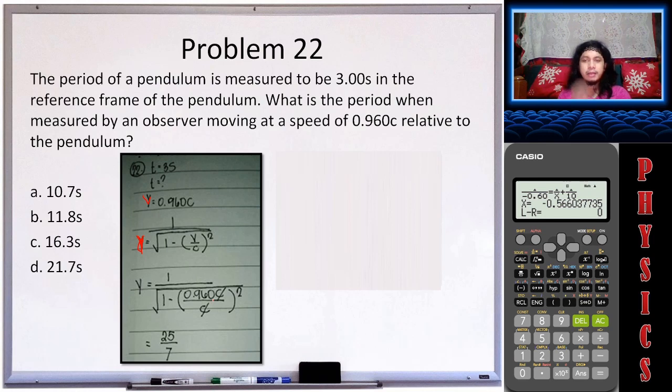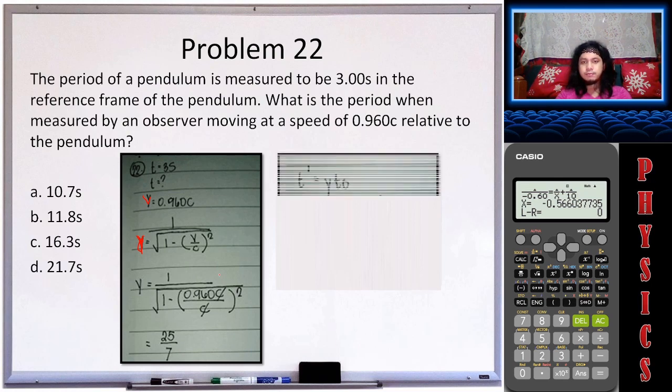Tama yung sabi ko kanina na gamma should always be greater than 1. And that's 25 over 7. Legit. Okay. Ano pa, sir? Siyempre, pag na-compute na natin yung gamma, makukuha na natin yung time kapag gumagalaw ng 0.960 c.